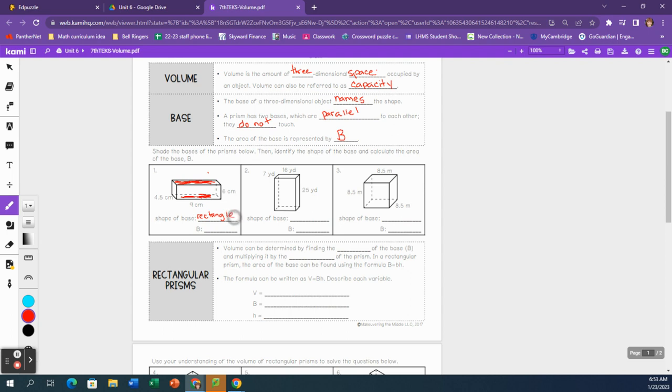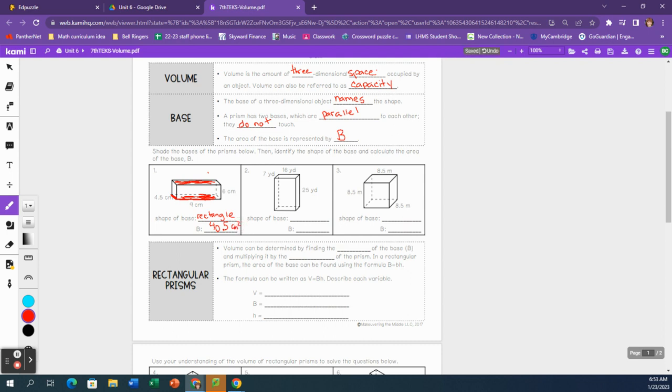And then big B would be just your normal base times your height, which you know how to do already. On this one here, it would be 4.5 times 9, and that's 40.5 centimeters squared.